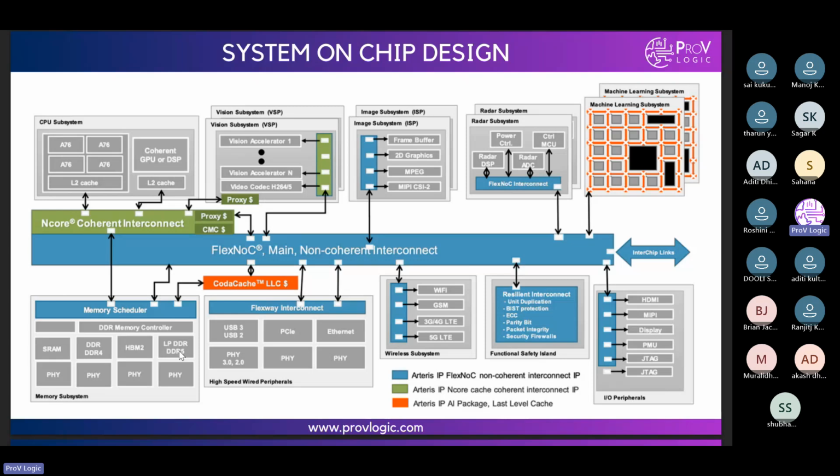Like that we have HBM, high bandwidth memory, GDDR, graphics DDR, and ONFI, Open NAND Flash Interface, like that JEDEC, Joint Electron Device Engineering Council, will be there. So there are different types of memory protocols used only for communication between the processor and the memory. That's what we call memory interface protocols.